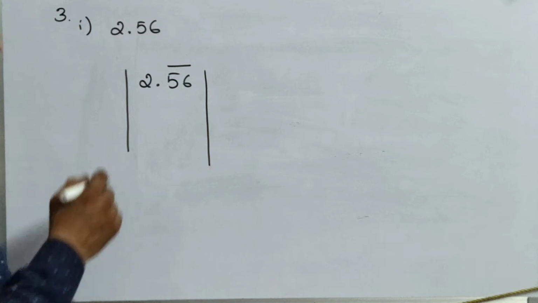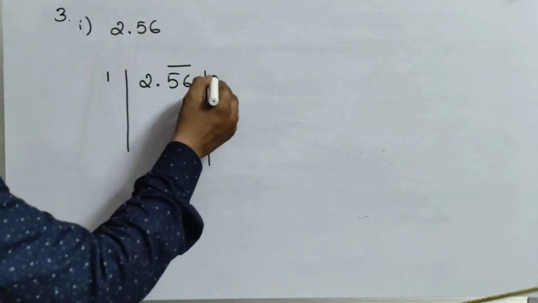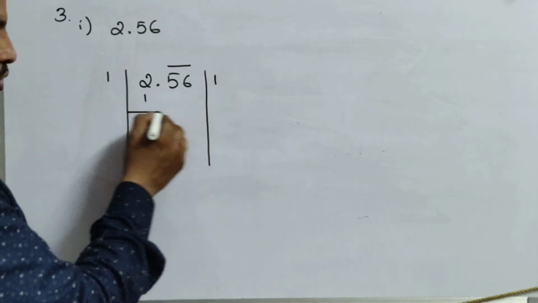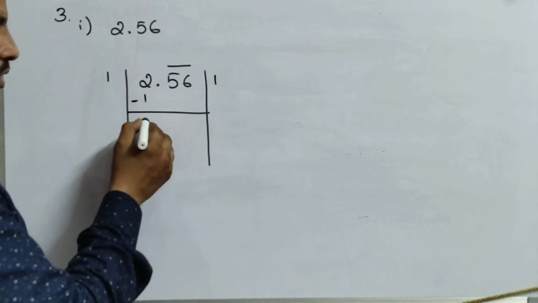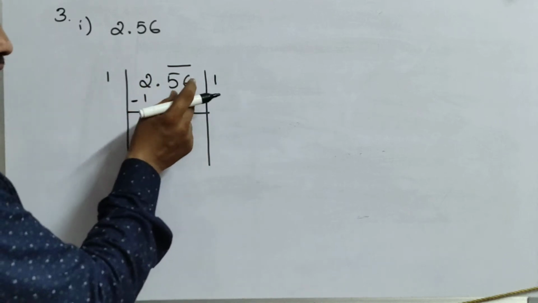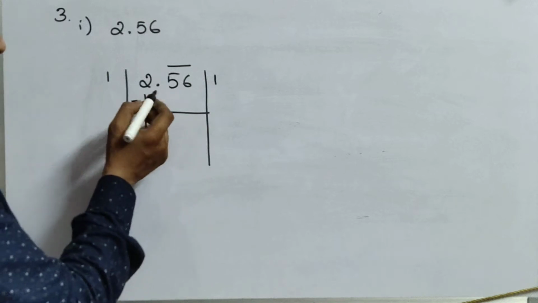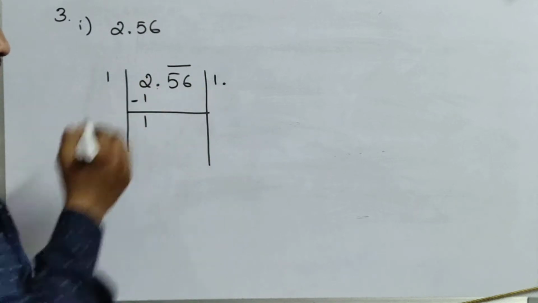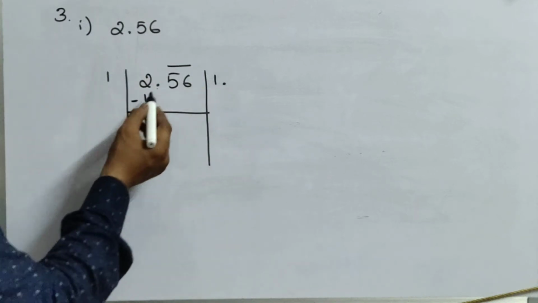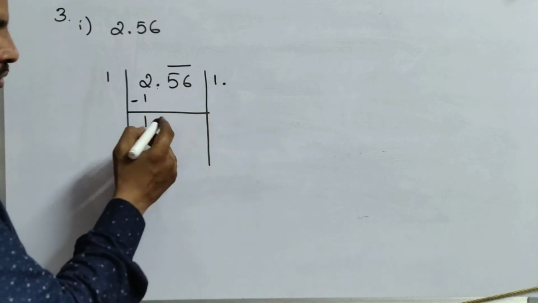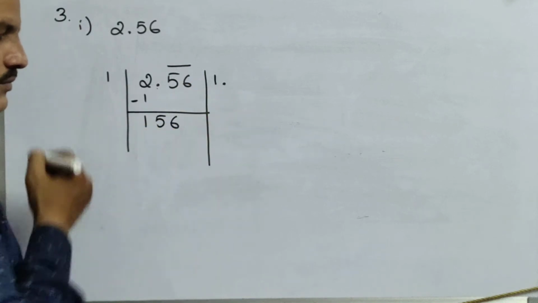So 2 twos are 4 became big. So 1 ones are 1. So 2 minus 1 is 1. So now bring down 5, 6 and place the decimal point here.